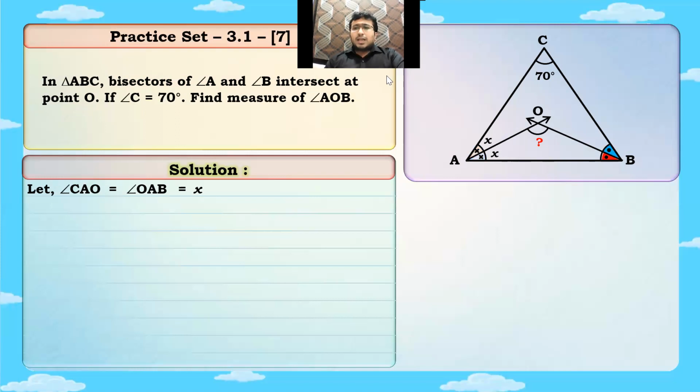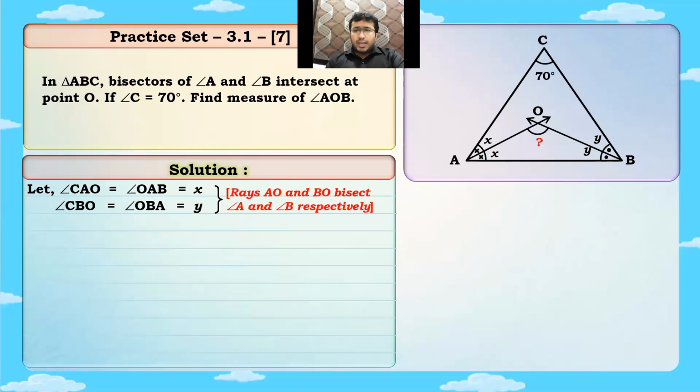Similarly, students, angle CBO is equal to angle OBA is equal to Y. So I've denoted these two equal angles as Y. Reason: AO and BO are the bisectors of angle A and B respectively. So students, remember one step: in any sum, when you have more than one angle bisector, we denote equal angles by variable.